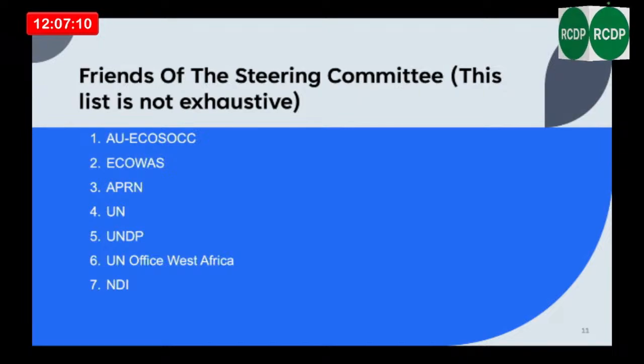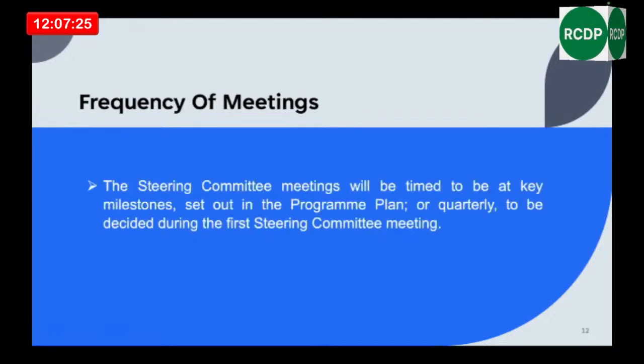So again, this is a non-exhaustive list, but it offers an idea of the kind of partners that we want both to involve at the level of the steering committee as well as friends of the steering committee in a more advisory and advocacy role.